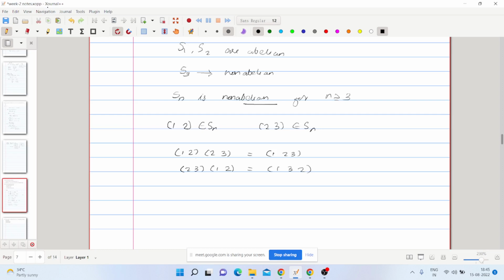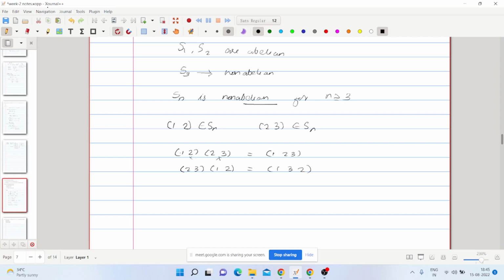Here, 2 goes to 3, and 3 goes to 3, so 2 goes to 3. Here 1 goes to 1, and in the other permutation 1 goes to 2, so 1 goes to 2. Here 3 goes to 2 and 2 goes to 1, so 3 goes to 1. Here we have taken the second permutation first and then the first one.